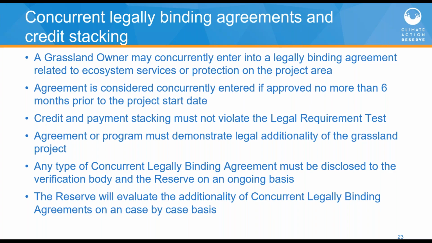So you could be getting payments for doing additional conservation activities, planting windbreaks or buffering around water courses, that kind of thing. That's generally not going to be a problem with the carbon project. So basically, we need you to disclose any potential or ongoing participation in other programs so that we can confirm that there's no problem with the legal additionality of the project and no double counting of any greenhouse gas reductions.